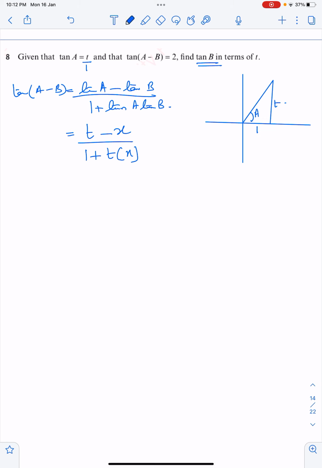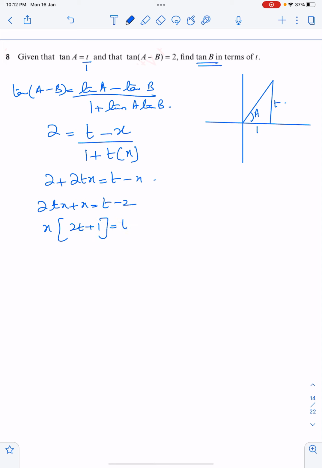So the whole thing equals 2. Cross multiply: 2 plus 2tx equals t minus x. We have to find out tan of b, that means we have to make x the subject. So I am writing 2tx plus x equals t minus 2. If I take out x as common, I will be left with x times 2t plus 1 equals t minus 2, x equals t minus 2 upon 2t plus 1. This is the final answer to the 8th question.